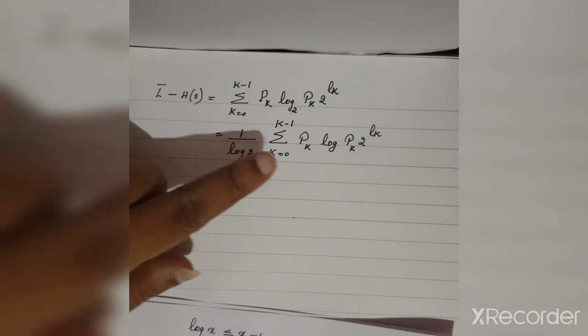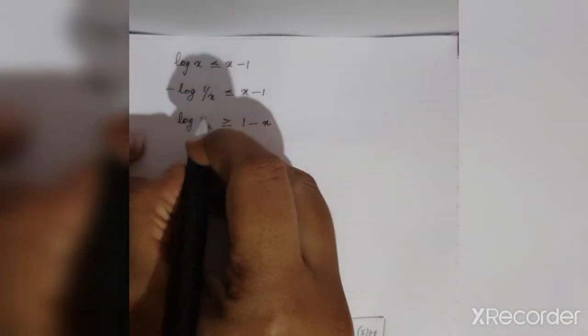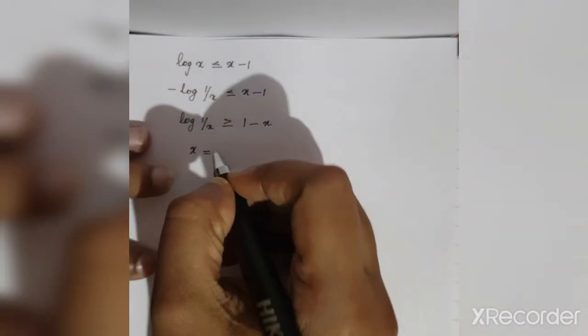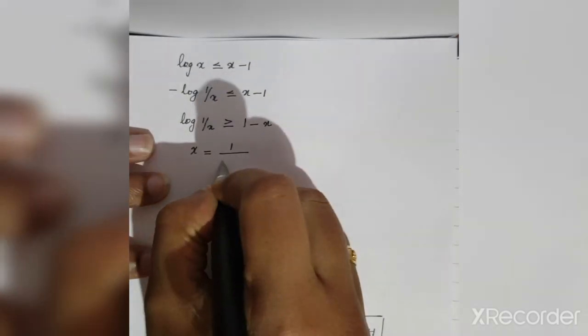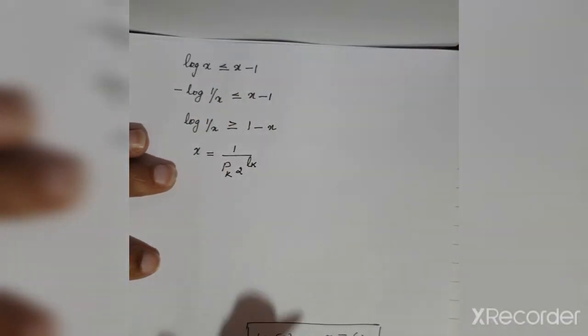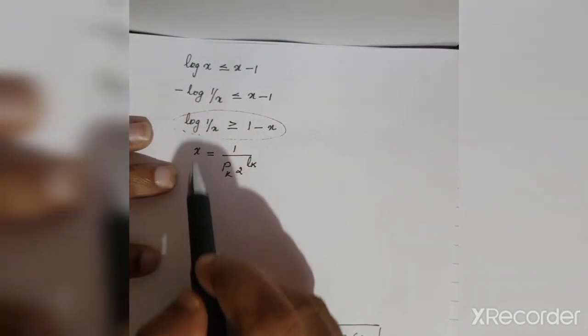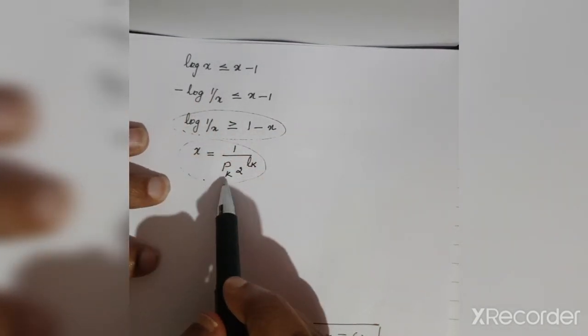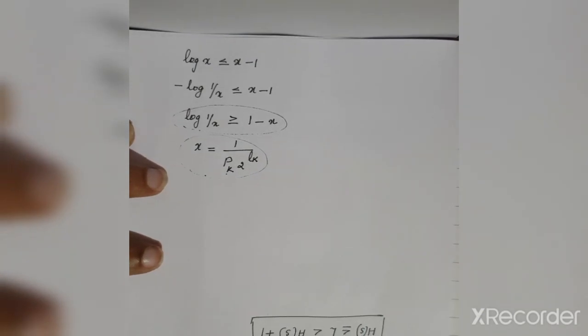Okay. Now in the next step, I'm going to substitute x equal to 1 by pk into 2 raised to lk. So in this inequality, I'm going to substitute for x as 1 by pk 2 raised to lk. So what happens?